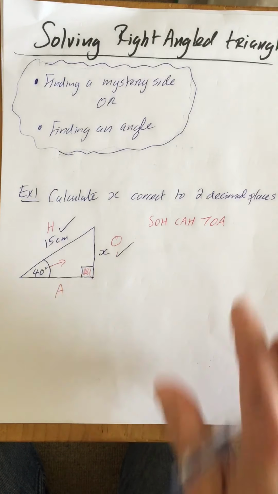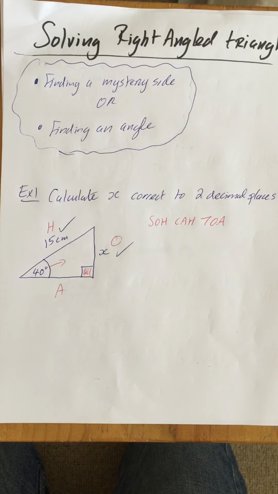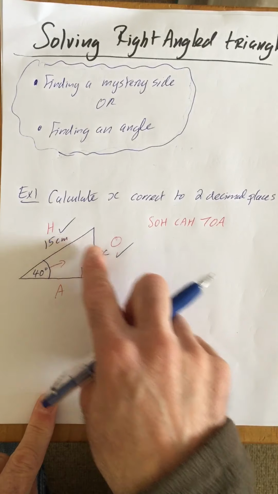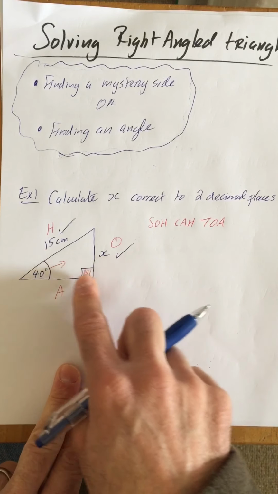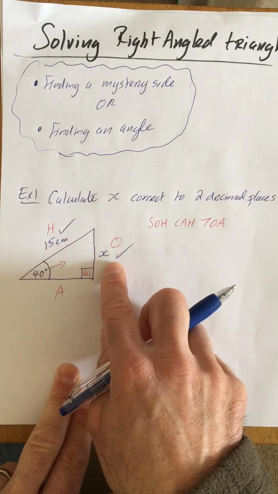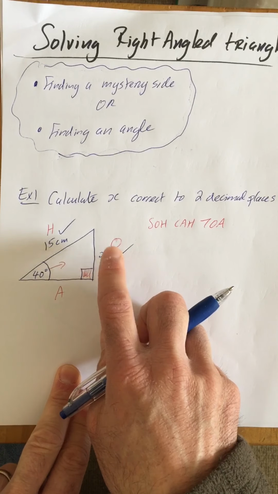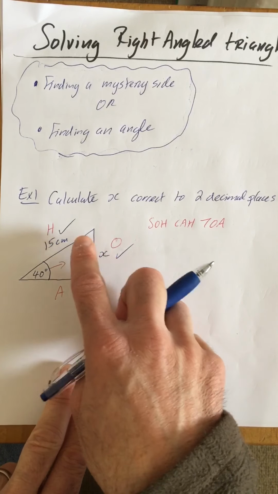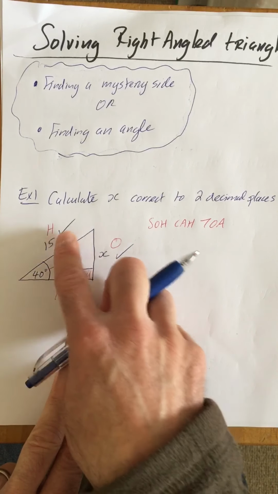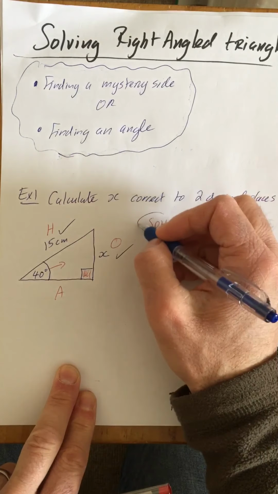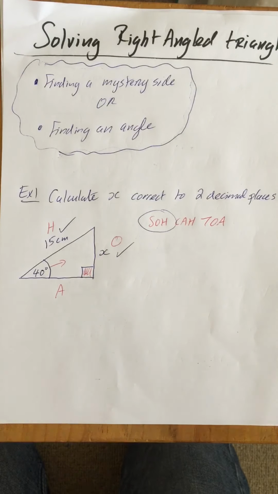Looking at SOH CAH TOA, which of sine, cos or tan has O and H in it? Remember, I know H and I want to know x. So I'm going to choose sine.